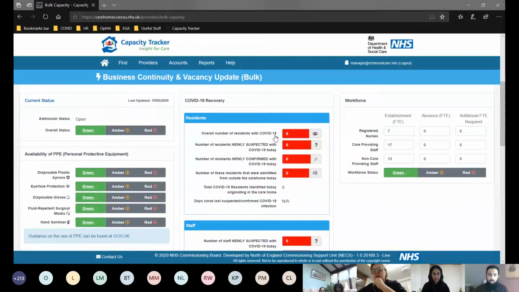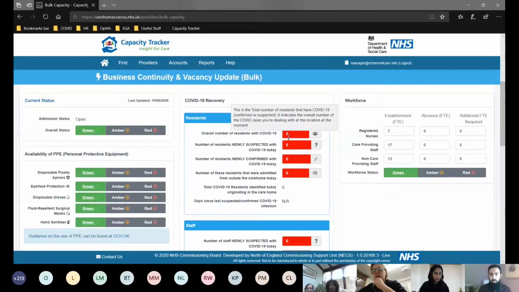Whenever you hover over any question in Capacity Tracker, you should see a pop-up that tells you what's required within that box. The top box is the total number of residents that have COVID-19 either confirmed or suspected in the home, either confirmed by test or suspected due to symptoms.